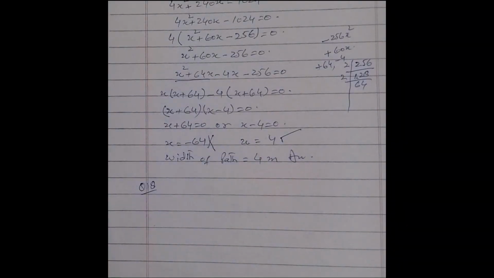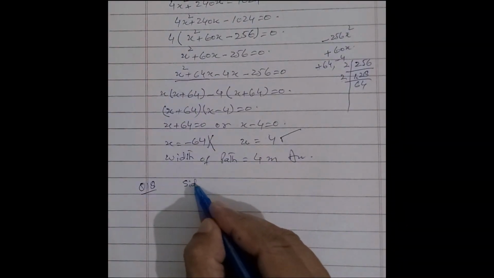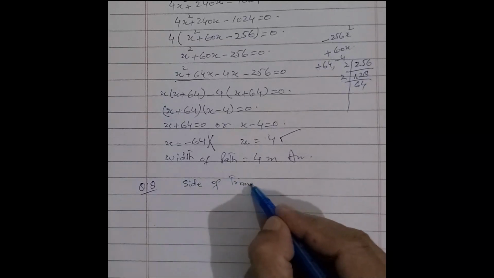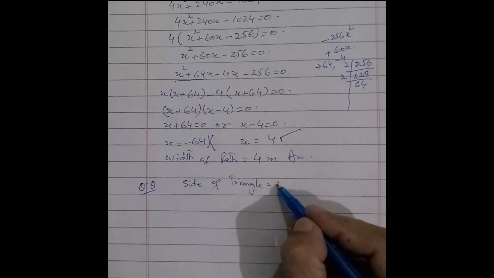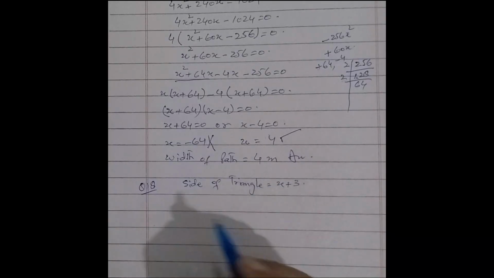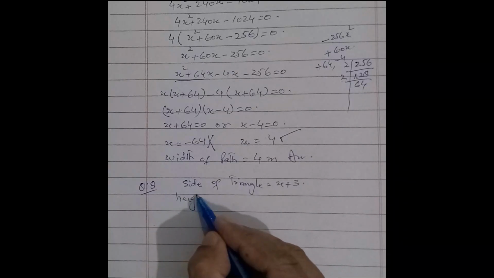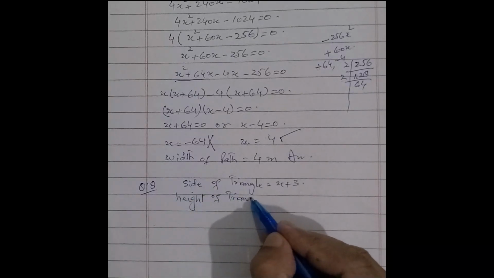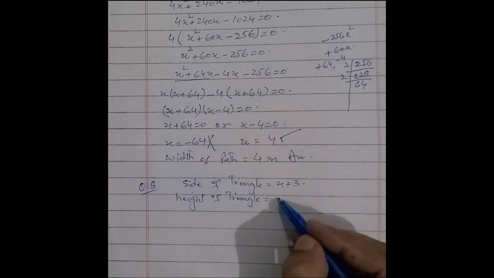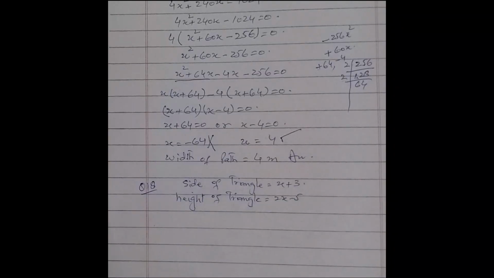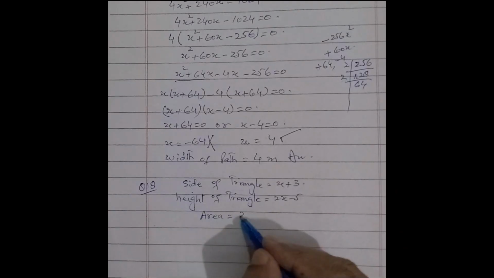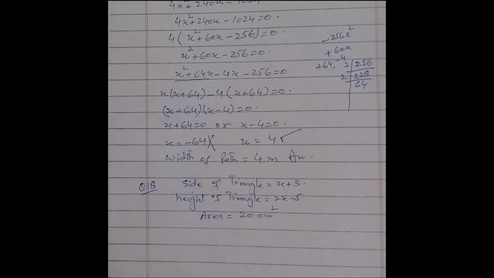So first we take side of triangle is equal to x plus 3 and corresponding height of triangle is equal to 2x minus 5, and area given is equal to 20 centimeters square.